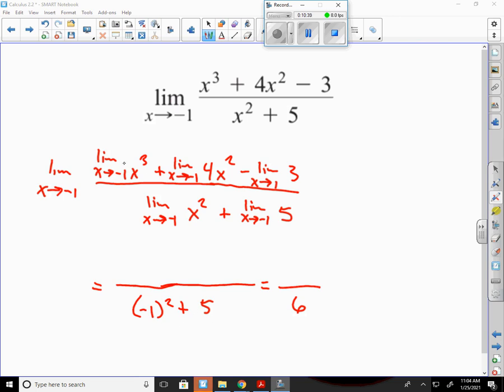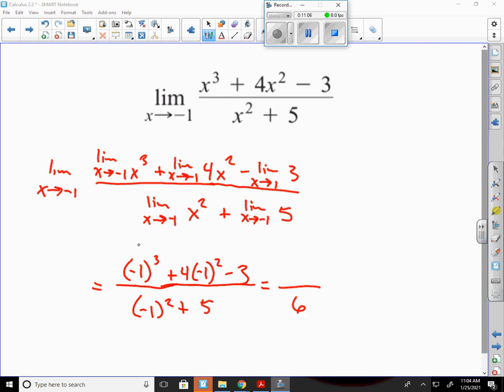Now if I go to the top, negative 1 to the third plus 4 times negative 1 squared minus 3. Negative 1 to the third stays negative 1. Negative 1 squared is 1. 1 times 4 is 4.